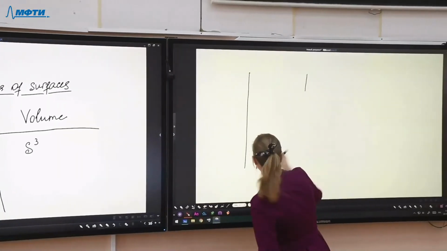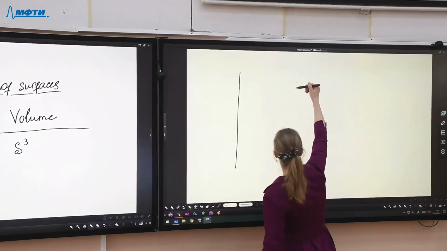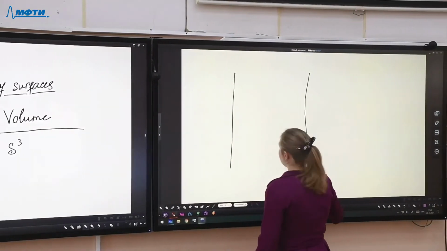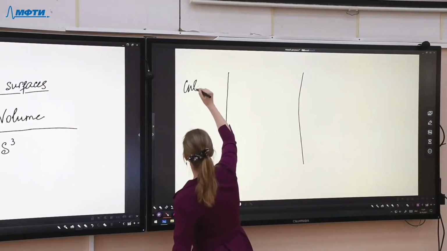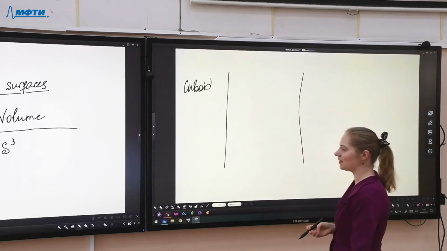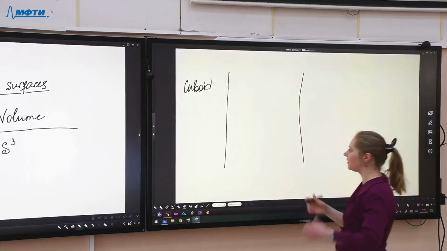Well, the next solid is a cuboid. It is also a right prism, but we have a rectangular base.